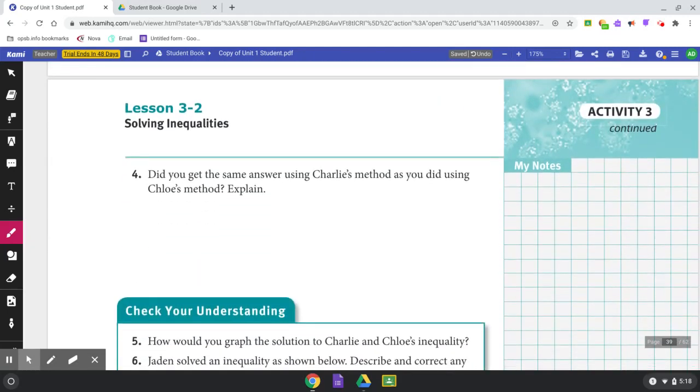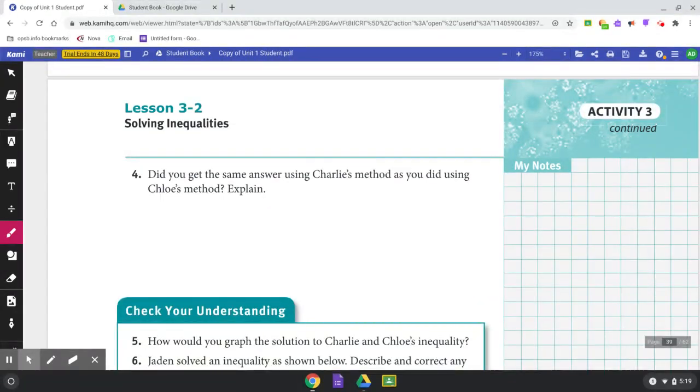Did you get the same answer using Charlie's method as you did using Chloe's method, and explain? Well, it depends on what numbers you substituted in. So these answers could vary, but the answer to this should be no, because nobody in the classroom, I highly doubt, substituted in 16.5 in Chloe's method.